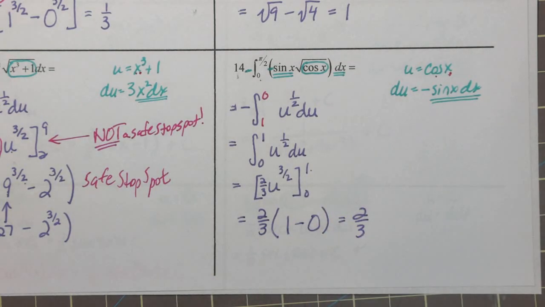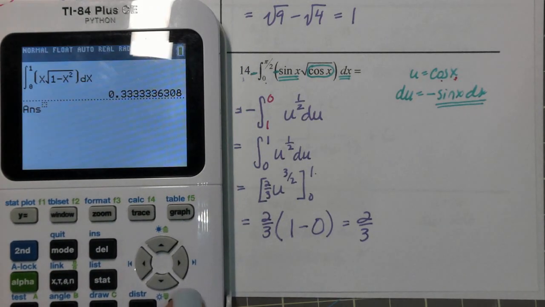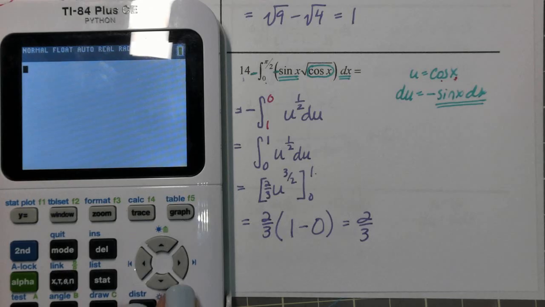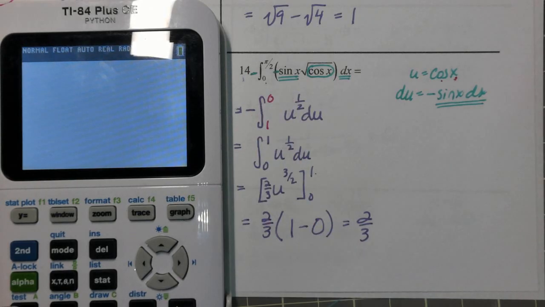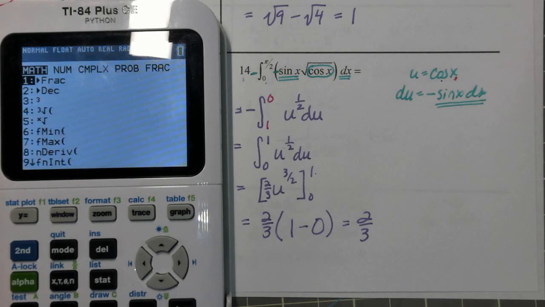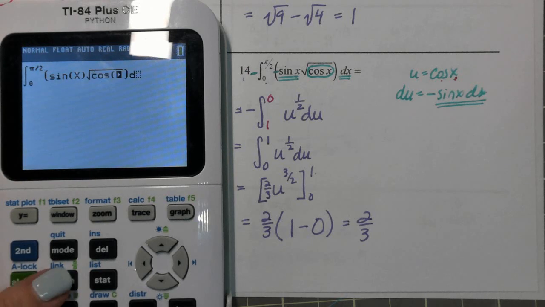Let's see, since we have another moment here on my time, let's see what the calculator does with this. See how much of an error it has. So math 9, 0 to pi over 2 sine of x times the square root of cosine of x.